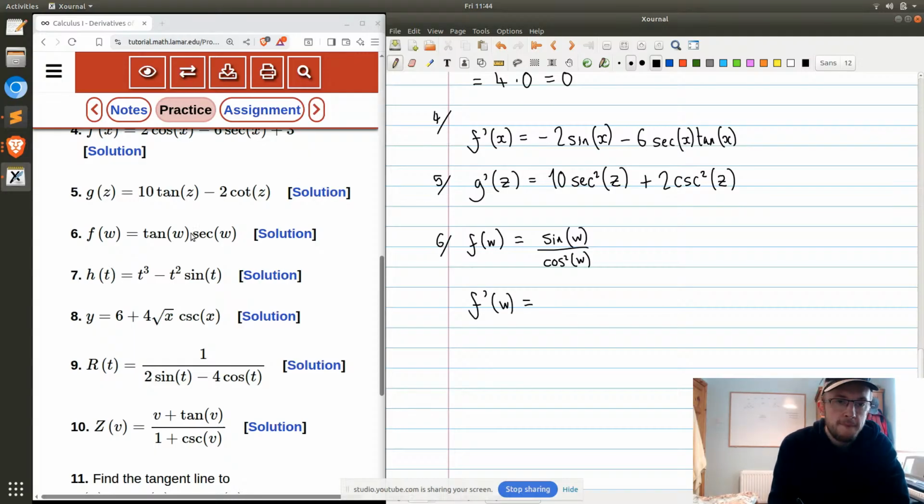Okay. So differentiate the first one and leave the second one alone. Then differentiate the second one and leave the first one alone.